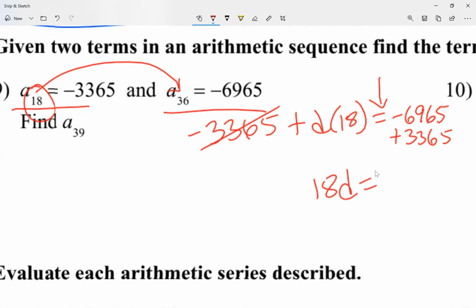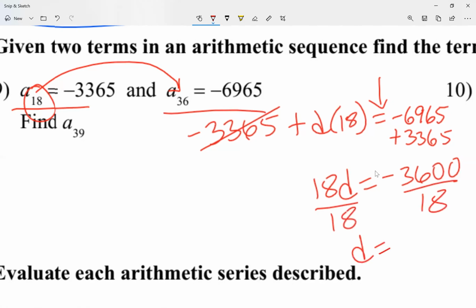That is a negative 3,600. Use a calculator if you need to. The signs were different, so I subtracted my values and kept the sign of the larger one. Now to solve for D, let me divide both sides by 18. So the common difference happens to be negative 200.